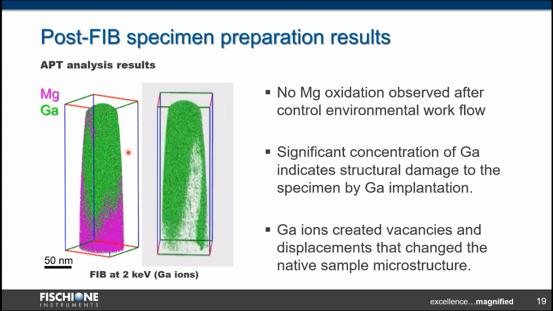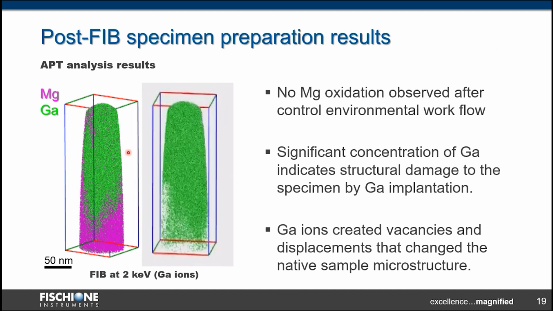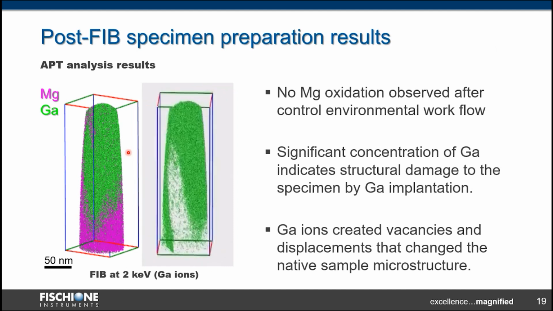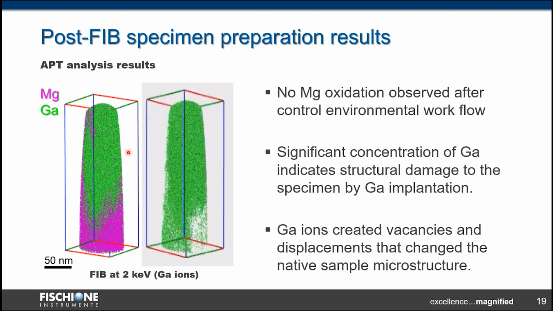So let's look at some APT results. First, an APT sample prepared without NanoMill. As you can see here, we do not see magnesium oxidation after the controlled environmental workflow. As you can also see here, after FIB preparation, we observe a lot of gallium everywhere.